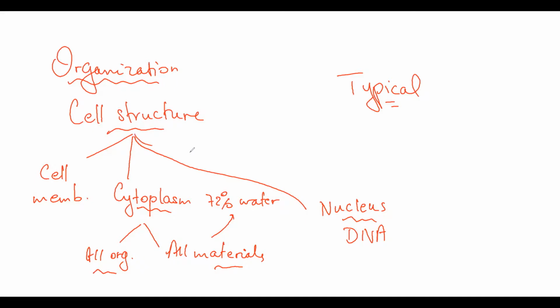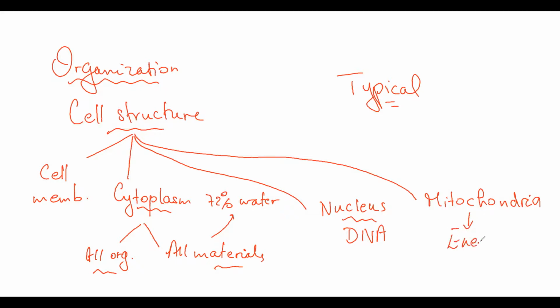Also, all the cells except the prokaryotes, of course, must have organelles, including mitochondria. But why did I say the mitochondria in particular? Because we call it the powerhouse; it is the organelle responsible for aerobic respiration in order to produce energy.